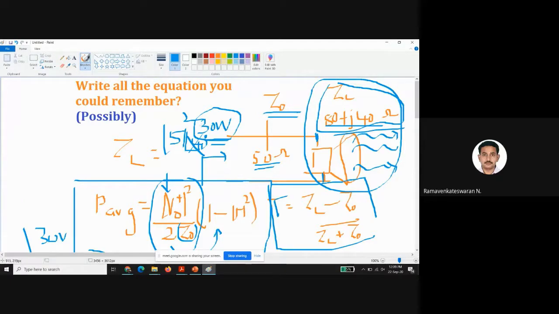So normally we try to use an impedance transformation circuit somewhere here, to convert 50 ohms to 80 plus j40 ohms, or can I make the antenna 80 plus j40? Nowadays we design the antenna such that, for printed antennas, this is possible. For a parabolic antenna there are still some issues, so we have to use an impedance transformation circuit. But a printed antenna, which we call a patch antenna, looks like a patch printed onto the substrate.